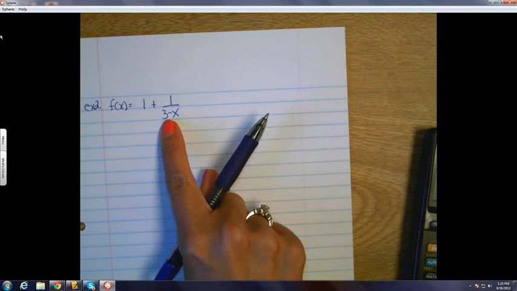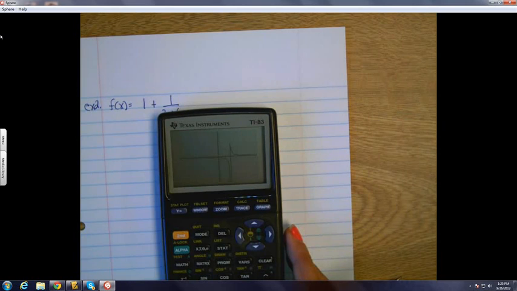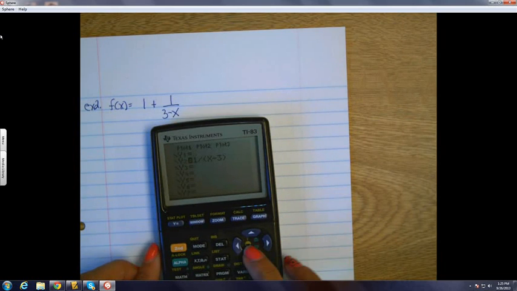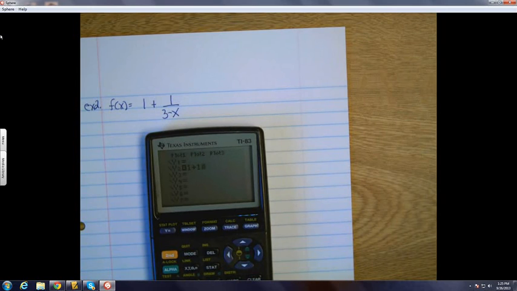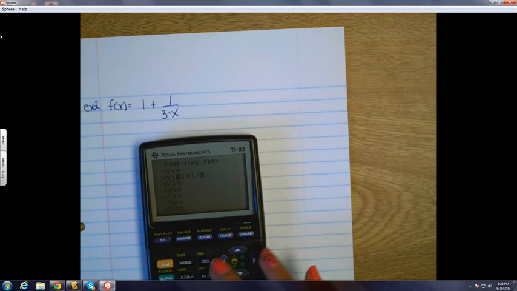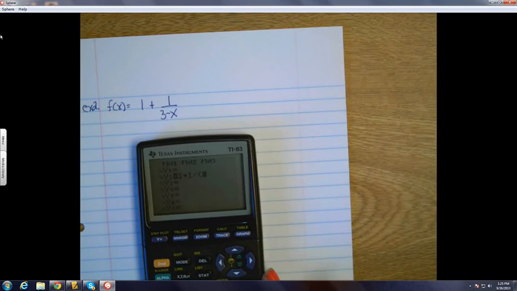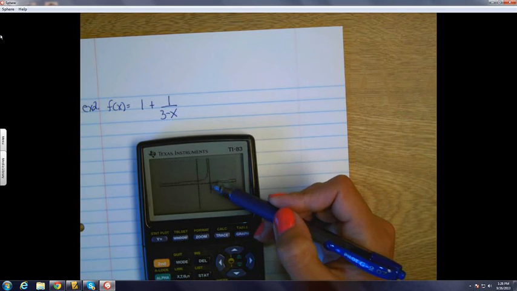So, let's sketch first. Obviously, we're going to have something happening at 3, because that's going to make this denominator 0. Plus 1 divided by, in parentheses, so I missed the parentheses, 3 minus x. Okay, there's our vertical asymptote happening at 3.